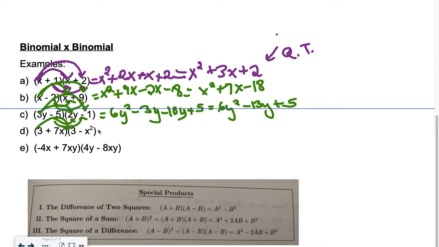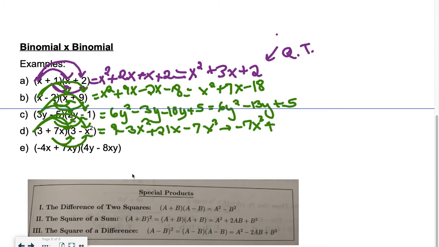3 times 3 is 9. 3 times negative x squared is negative 3x squared. 7x times 3 is 21x. And 7x times negative x squared is negative 7x to the third. And I'm just going to write this in standard form, so negative 7x cubed.